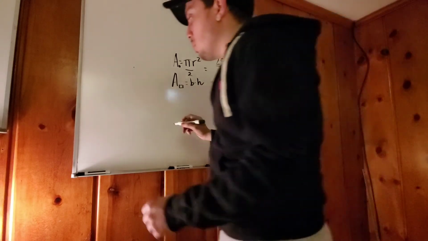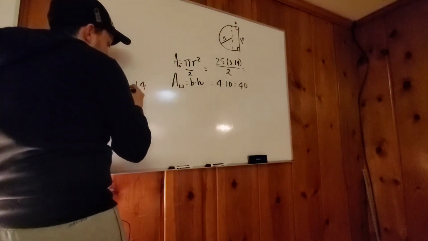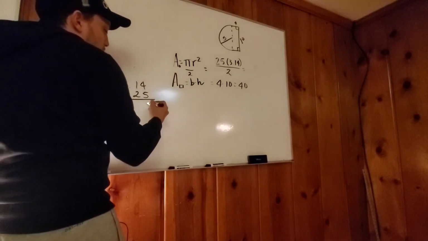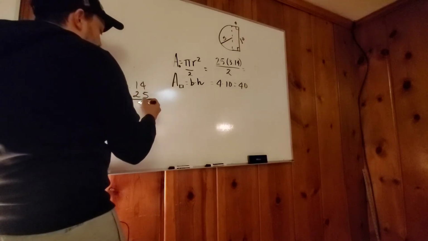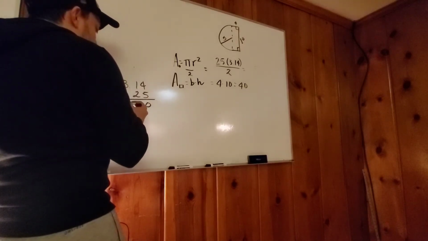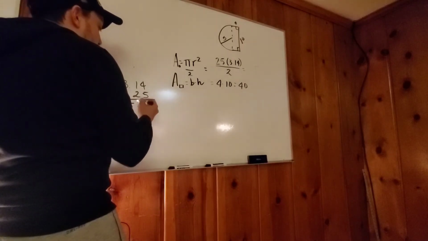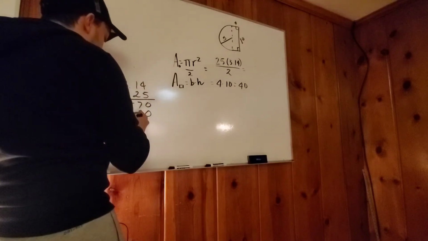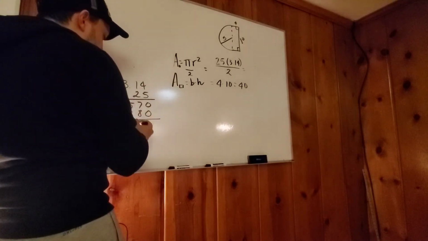So again, we have to multiply, and now I'm going to be way more careful than I was at first. 5 times 4 is going to be 20, and a 2 goes up. 1 times 5 is 5, plus 2 is 7, and 5 times 3 is 15. 0 is a placeholder. 2 times 4 is 8. 2 times 1 is 2. 2 times 3 is 6. We're going to add 0, 5, and a 1 goes up. It is going to be 8, 7.